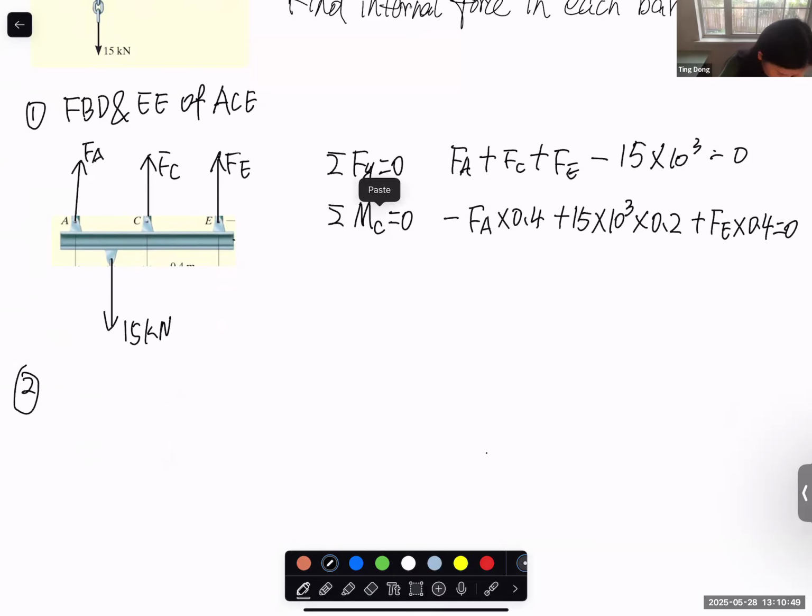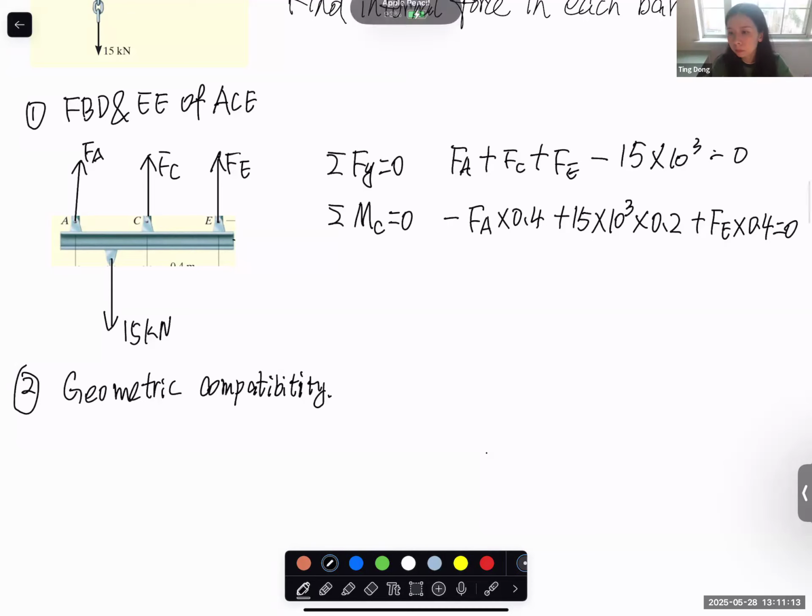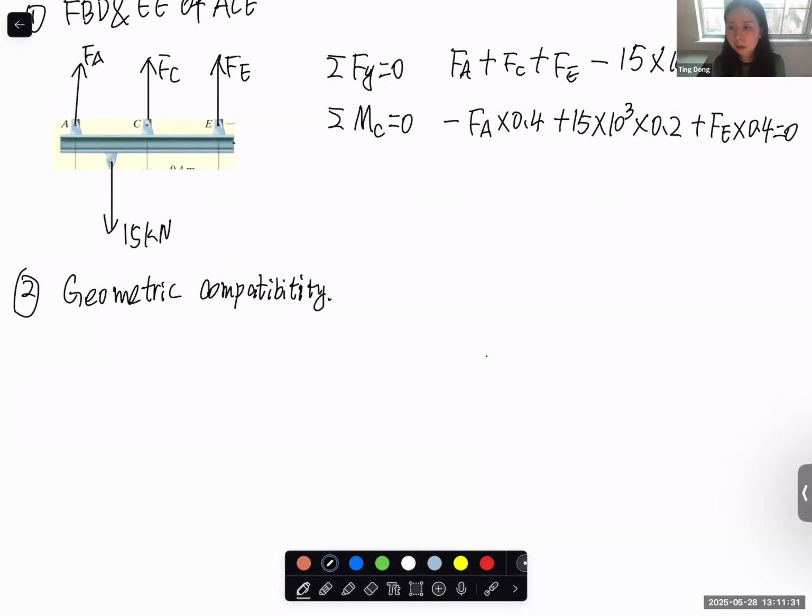The second one is geometric compatibility. So how should we write the geometric compatibility equation for this example problem?